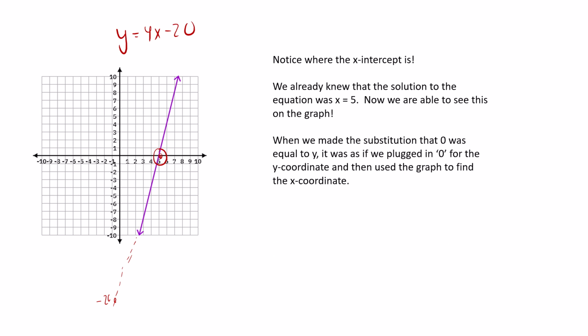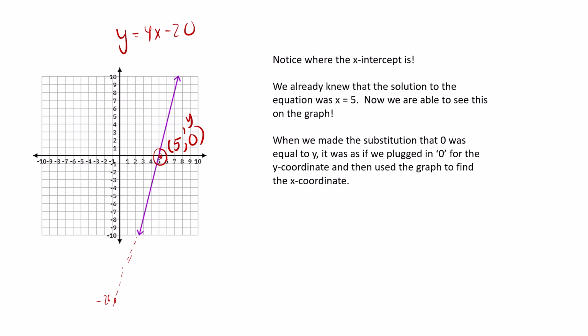When we made the substitution that 0 was equal to y, it was as if we plugged in 0 for the y coordinate, and then we used the graph to find the x coordinate. So if you think about what the coordinates of that point are, it's the point 5, 0. And back when we said, okay, take that 0 and plug in a y so that we're able to graph it, we were kind of saying, we're going to isolate this particular point.